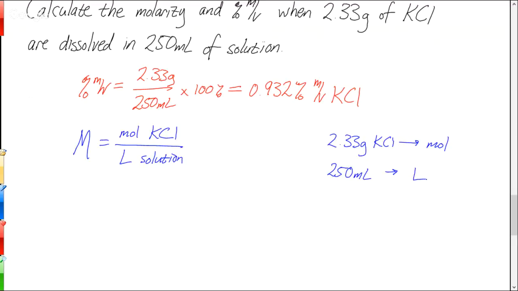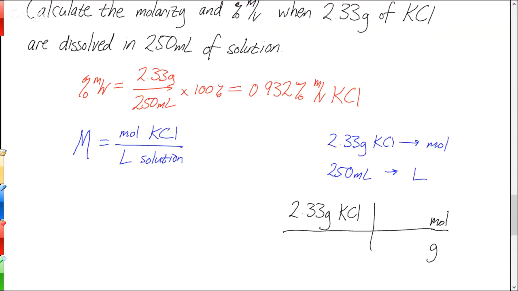So to do this, we do what we did before. We use the molar mass to calculate the moles of KCl. That's 2.33 grams. Convert from grams to moles. Molar mass of KCl is 39 plus 35.5, which is going to be what, 74.5? All right.